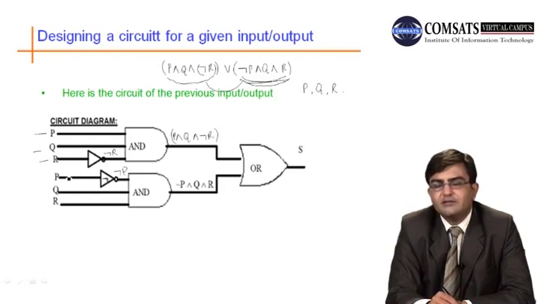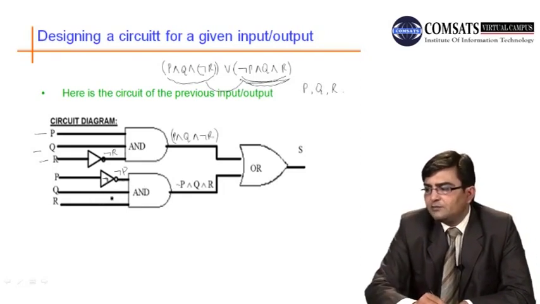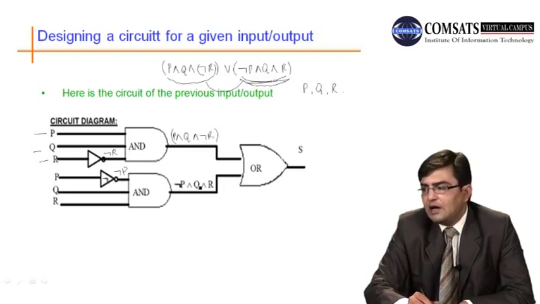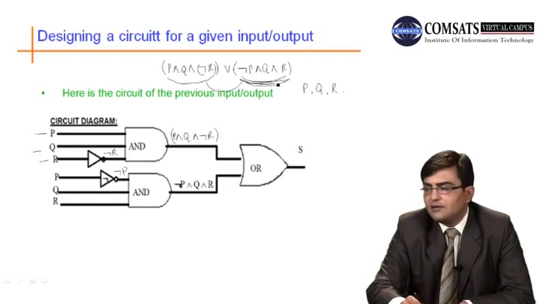So if we give the input P, the output will be not P, and not P will be used as input of this AND operator. The other inputs are Q and R. So now we construct an AND operator. The output of this AND operator will be not P and Q and R, which expresses the second bracket here.